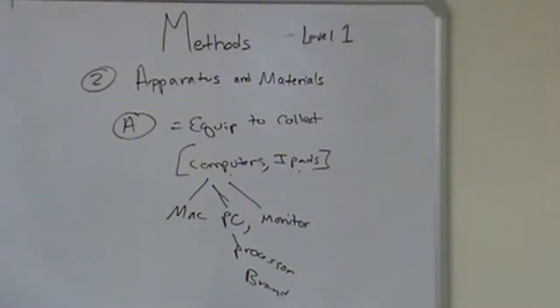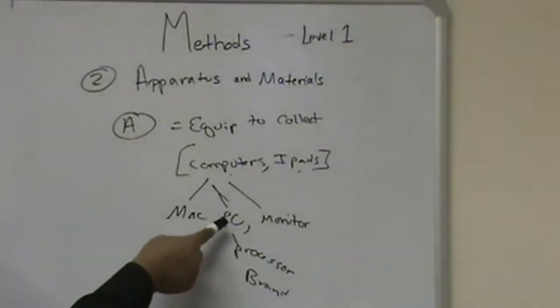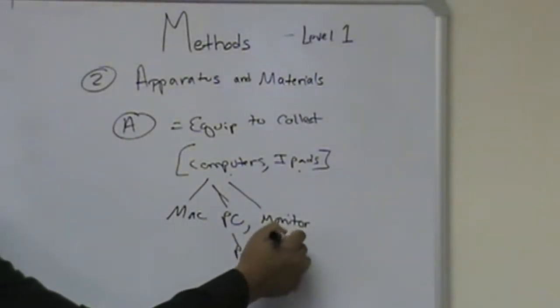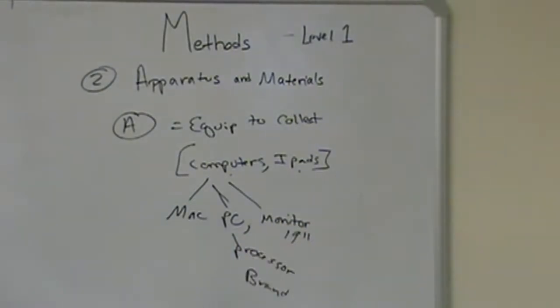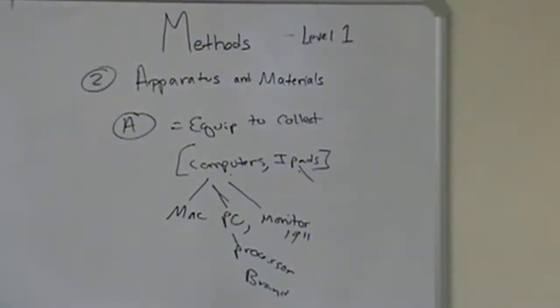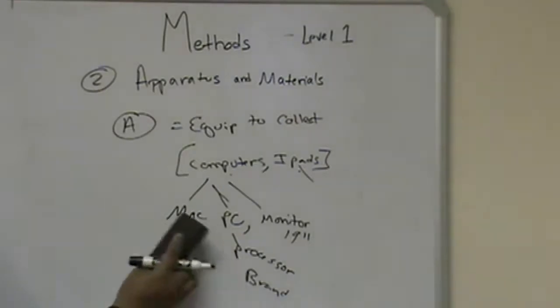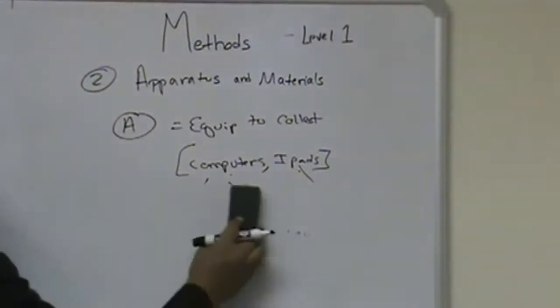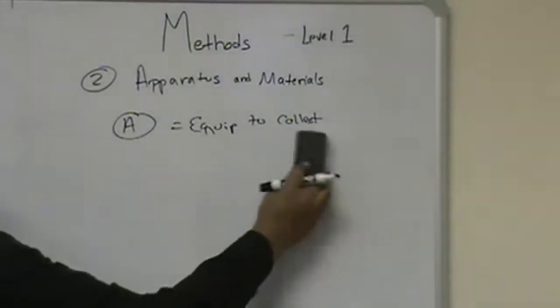Again, replication, so that if you wanted to repeat my dissertation, you can pick up the exact same computer with the same 19-inch monitor hooked up to it, and then you can repeat that study that I did. What type of iPad was it? Was it an iPad mini? Was it iPad Air? Whatever it was. That's the apparatus. That's the equipment, right?